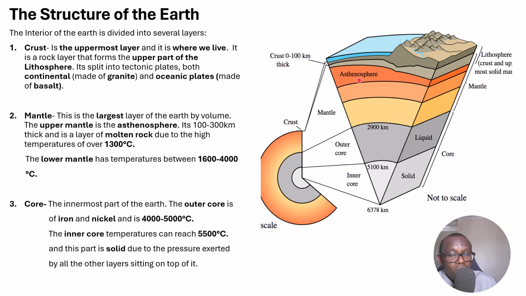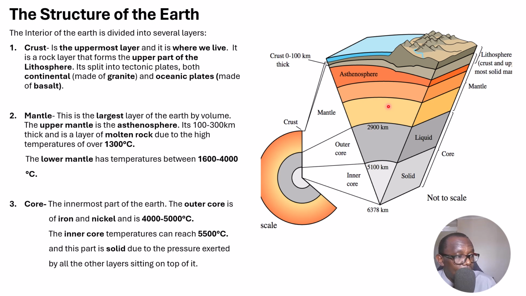Now, the lower mantle has temperatures of between 1600 and 4000 degrees Celsius. Then the next layer of the Earth is the core, and this is the innermost part of the Earth. And the temperatures here are a lot higher again. They range between 4000 and 5000 degrees Celsius in the outer core. And the outer core is made of iron and nickel.